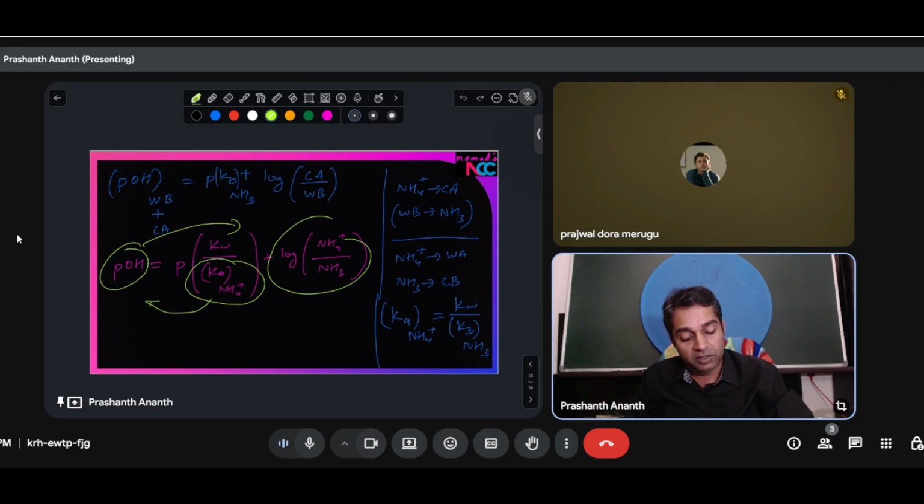I've written too big over there, so I'll just put a tiny arrow here and a tiny arrow here. If you do this, what will the equation look like? It will look like pKw minus pOH is going to be equal to all the other terms on one side.